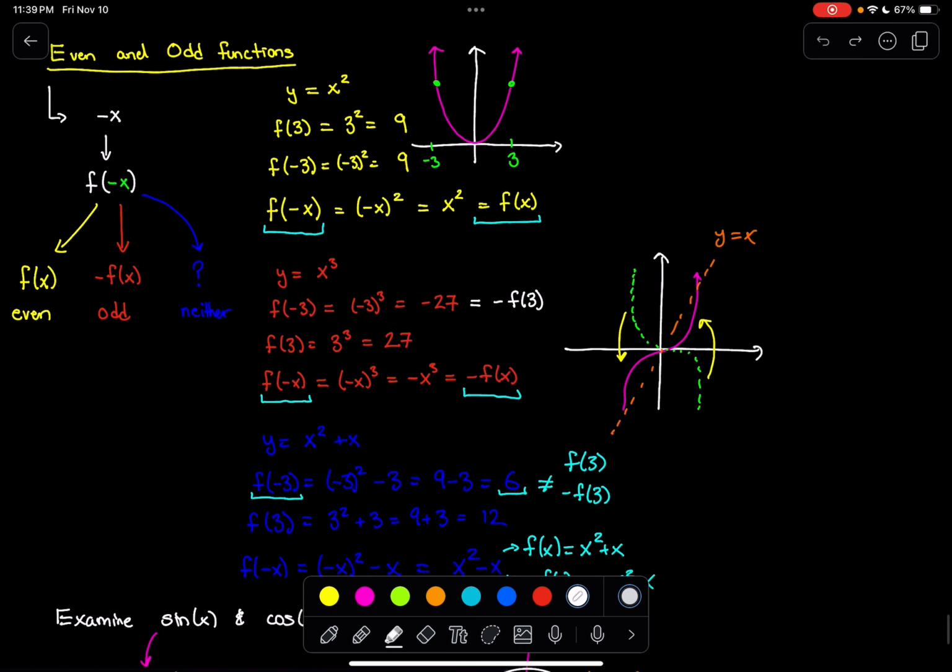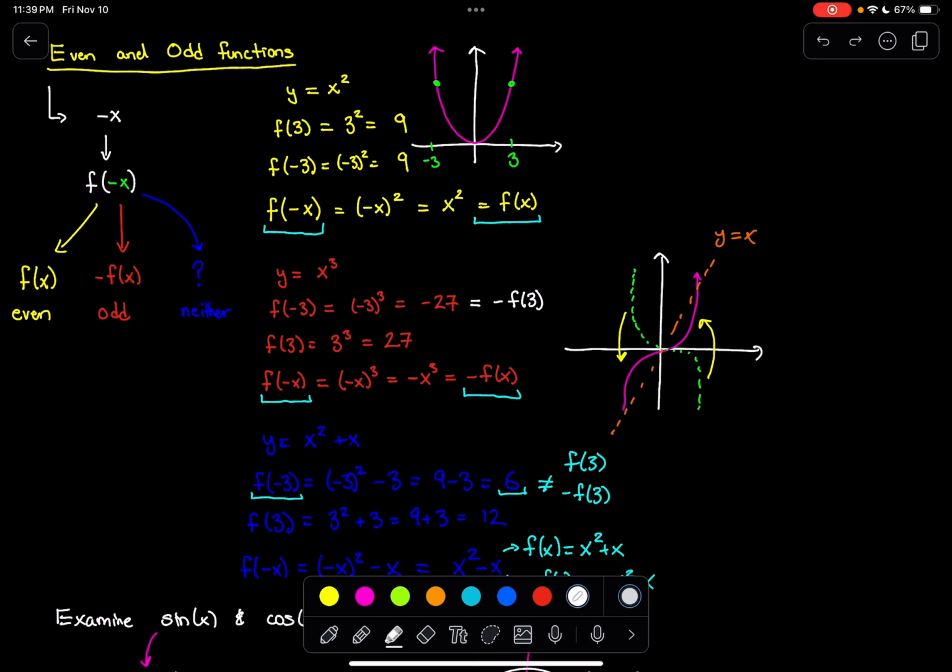So it has nothing to do with the exponent itself and has everything to do with whether it follows this pattern. If you put in a negative x into your function, do we get out the positive thing? Do we get out the negative version of what we would have got if we put in the positive thing? Or do we get out something nonsensical that doesn't follow any particular pattern at all?